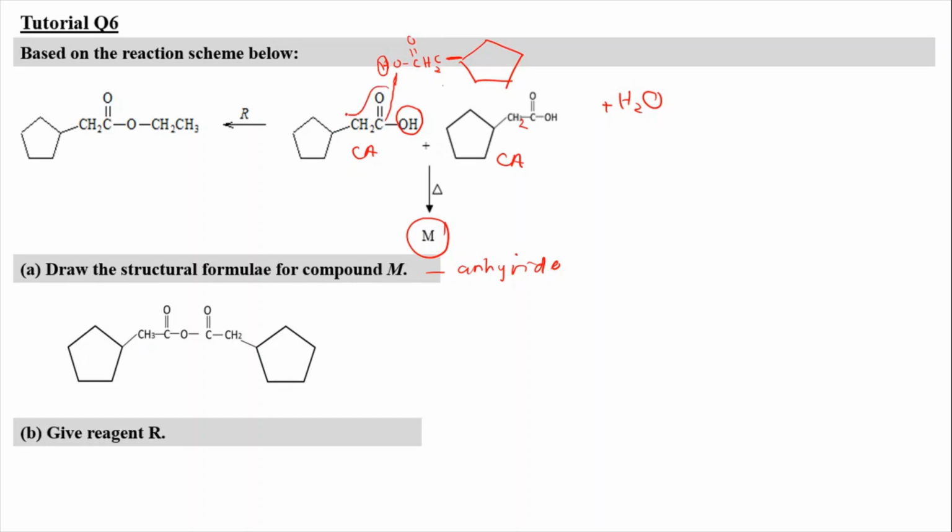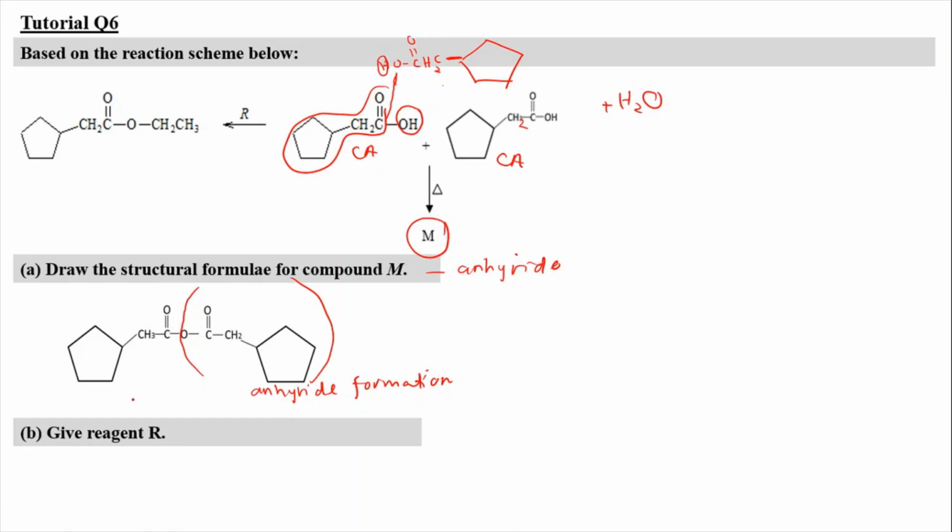C will attach with the oxygen of the next carboxylic acid. Then you just redraw it as normal, C double bond O CH2, and then with a cyclopentane here. So this is known as the anhydride formation. This is something that you have learned in your lecture.